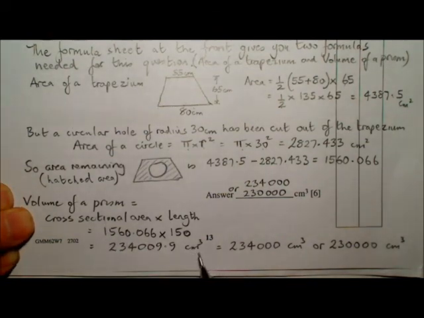And remember, it asks you to put that to an appropriate degree of accuracy. So in this case, most of the numbers in the question are to two significant figures, so we could give that to 230,000 or 234,000 centimeters cubed.